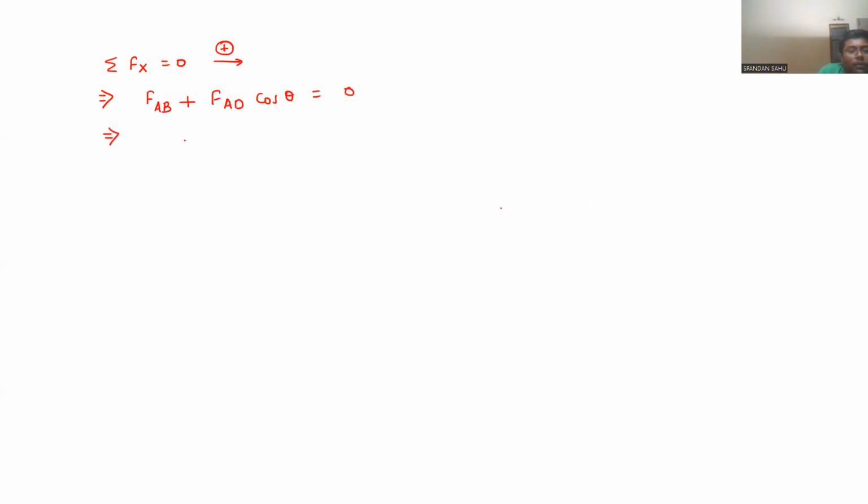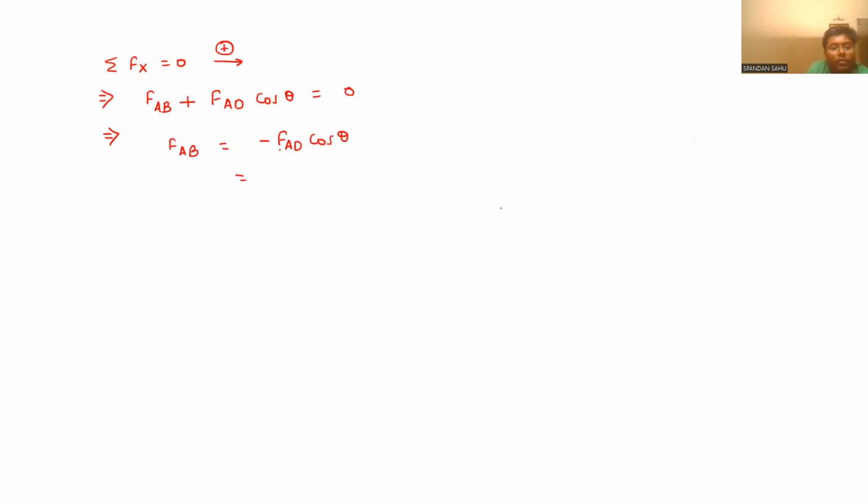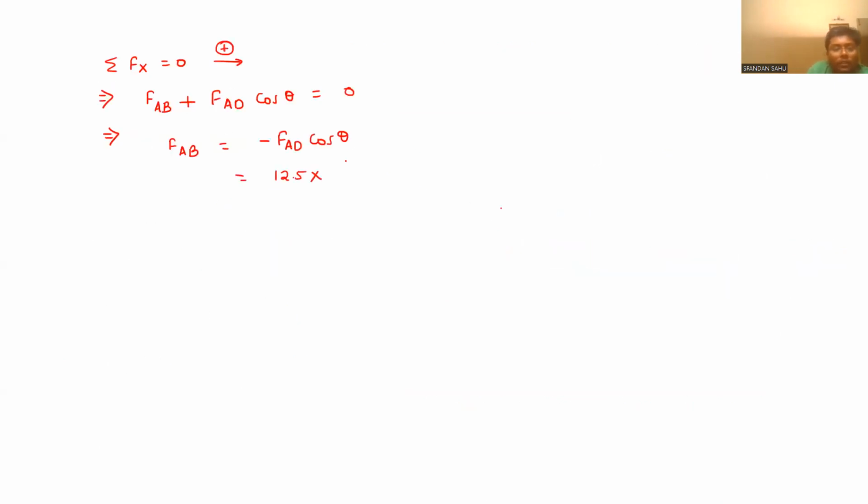So from here, FAB will be equal to minus FAD cos theta. So already we know FAD is minus 12.5. So minus of minus 12.5 will be 12.5. And here cos theta will be 4 by 5.